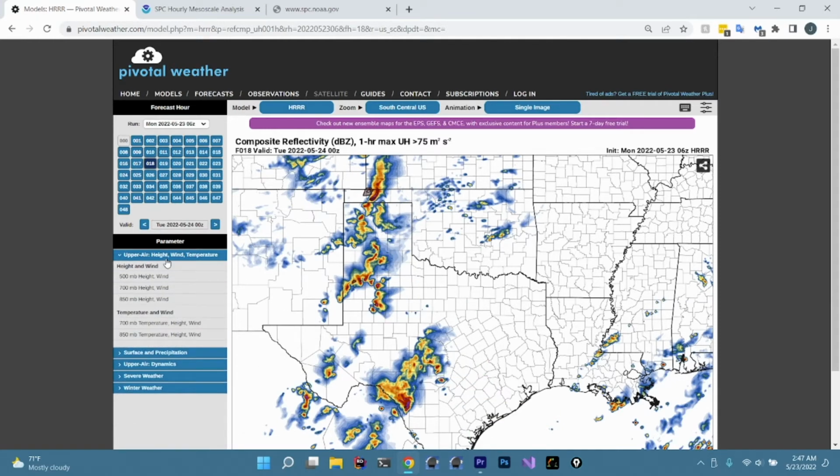Let's go back and let's draw some lines around where this weather is, where these storms are. Let's see if there's any overlap with our low-level jet. There's a little bit here, a little bit here. We'll just do that for the fun of it here. Let's see if there's any overlap.